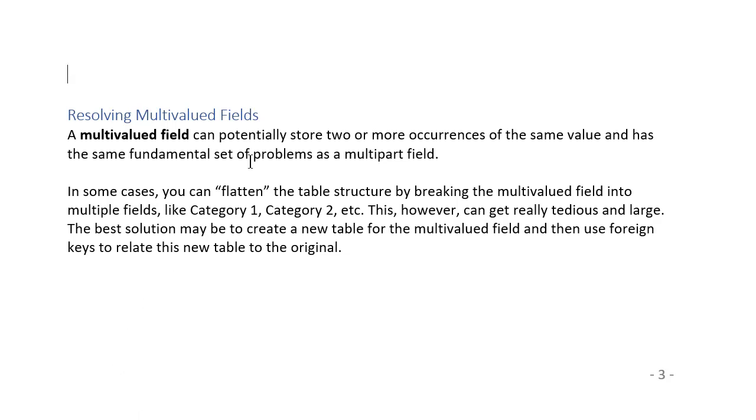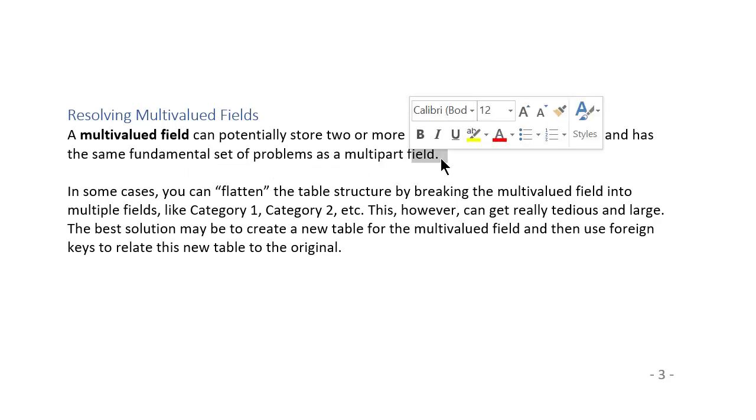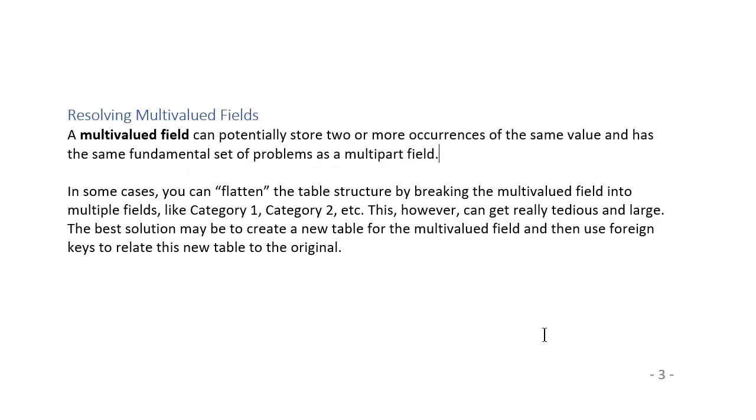This happens when you potentially store 2 or more occurrences of the same value and has the same fundamental set of problems as a multi-part field. So again, when you go through the normalization process, you're going to break those down into different tables using a primary key and foreign key to relate those.